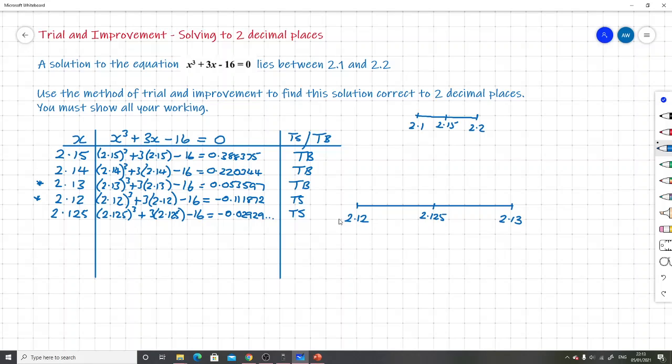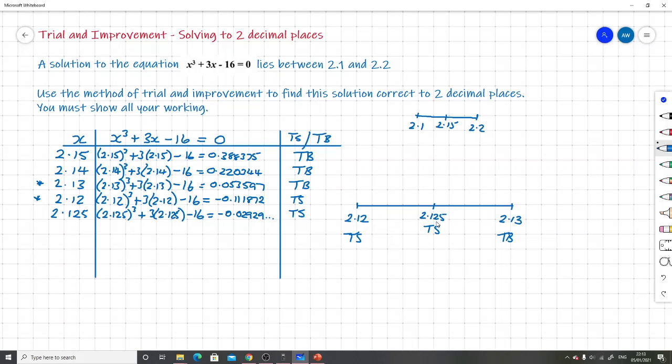And underneath there I'm going to write what my judgment was. So 2.12 was too small, obviously, 2.13 was too big, and when I went in the middle, that came out as too small.